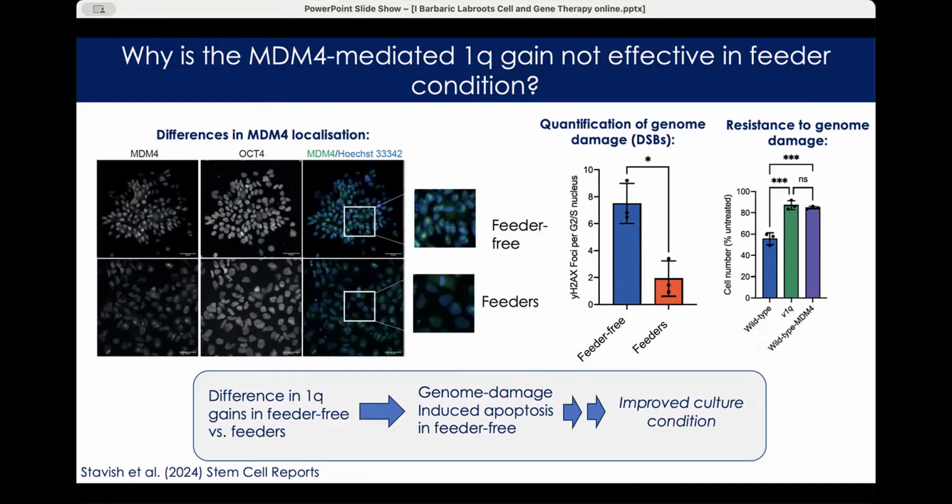This we think is now a platform to improve culture conditions and provide better conditions for growth of wild-type cells so that 1q variants do not have as strong of a selective advantage anymore.